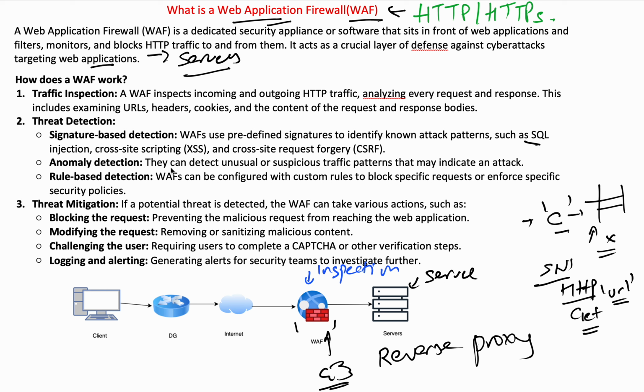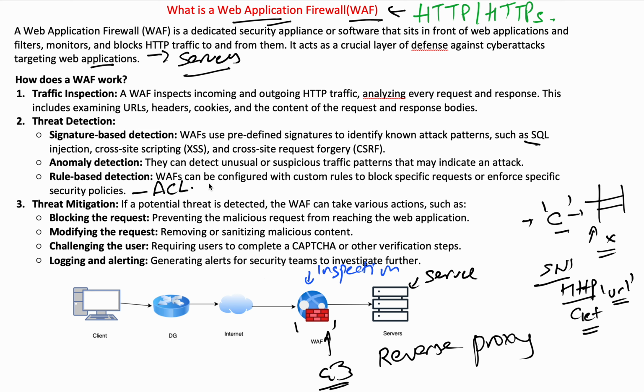Anomaly detection: it can detect unusual or suspicious traffic patterns that may indicate an attack. Then we have rule-based detection. WAF can be configured with custom rules to block specific requests or enforce specific security policies. So this you can say is an ACL.